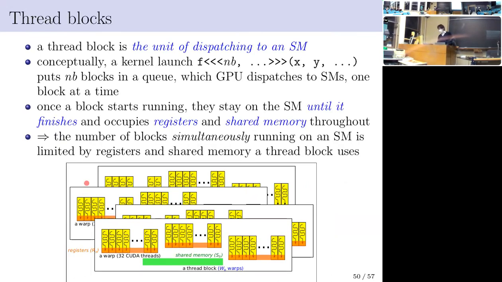And next, the thread block. Like I said in the earlier weeks, a thread block is the unit of dispatching to a streaming multiprocessor. So when a GPU gets a kernel launch statement like this, you create NB thread blocks, right? Conceptually, you can imagine that these NB blocks make a queue, each waiting for some streaming multiprocessor to execute.